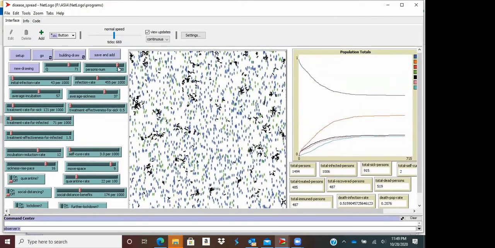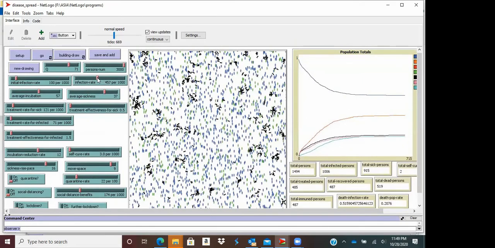Now we can make more people, and instead of 2,500 people, let's make 3,000 people, and increase the initial infection rate to 100 per 1,000. Also make the later infection rate higher.